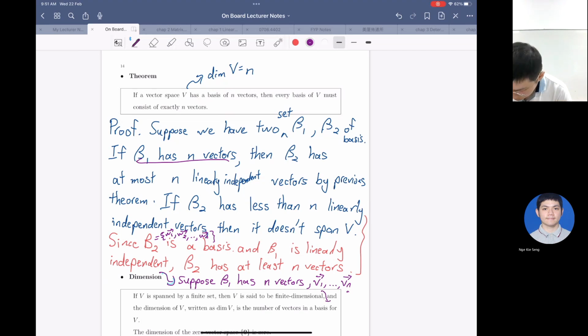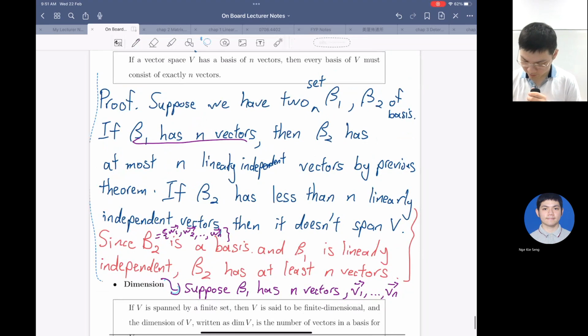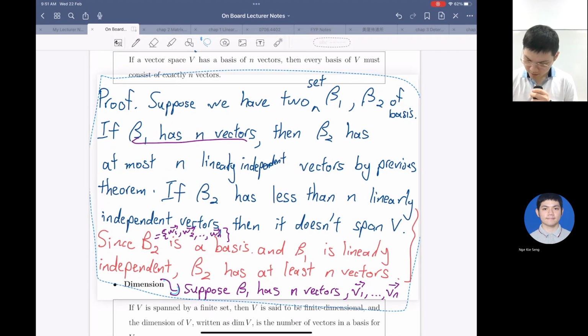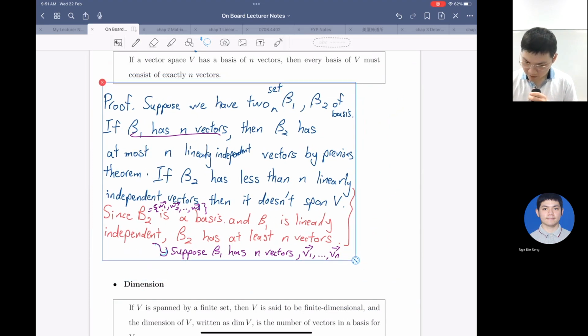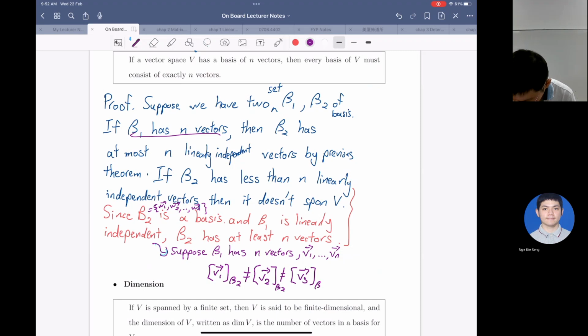If we do the coordinate vector, if we express V1 in terms of V2, they should all be different.